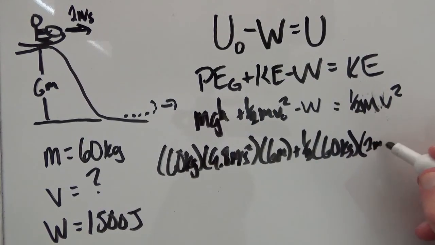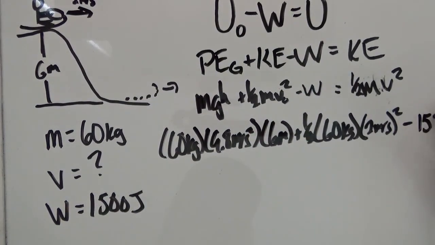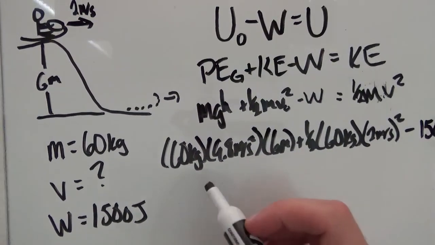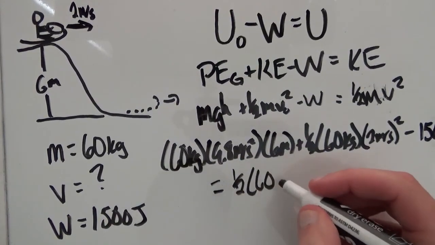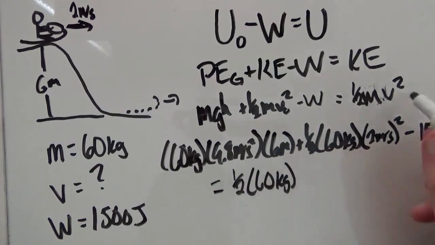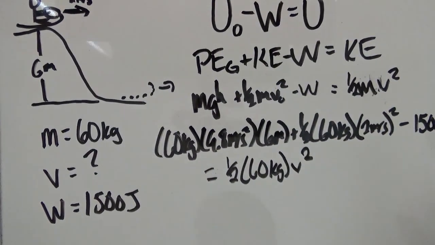Remembering why some of us didn't like these problems, because there's lots of numbers to be writing. Minus our work done by friction, which is that given value of 1,500 joules. Yay, two-line equation. 1/2 times 60 kilograms times our final velocity, which is what we're looking for, squared. So all we're missing is final velocity, which means we can solve for this value here.